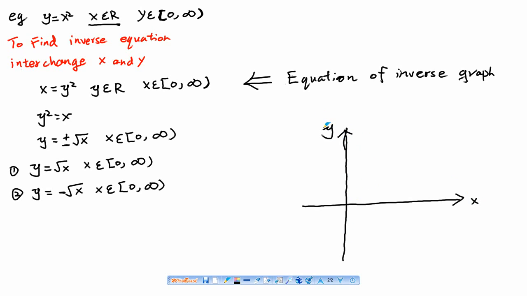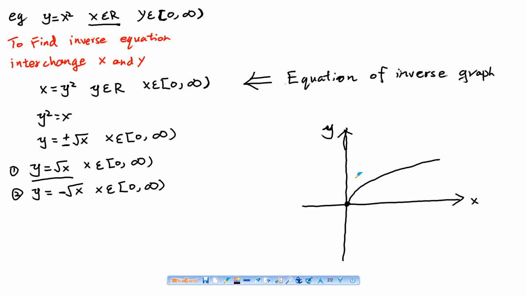From your formula sheet on standard graphs, you should know the shape of the equation y equals square root of x. If you don't have it, you can download it from our website. There is a PDF file of all the standard graphs you have to know in math methods. Square root of x would have this shape.